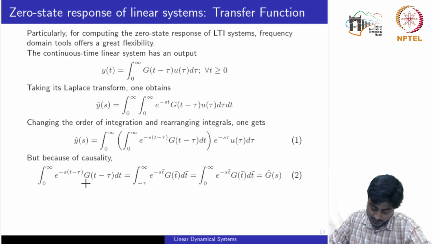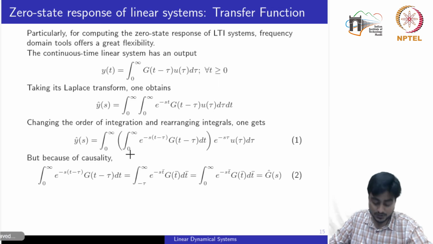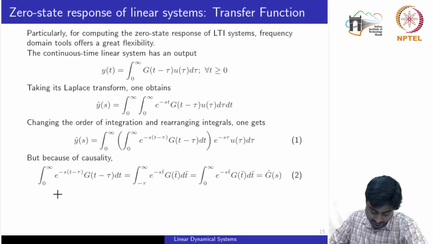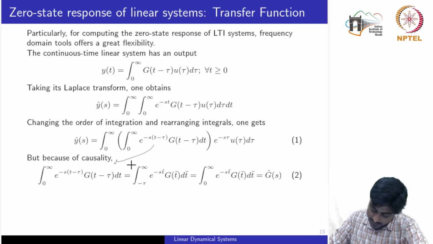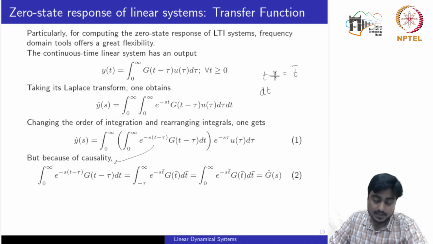But before the Laplace transform, we need to see how the causality property plays its role to finally say that it is the Laplace transform. Because of the causality, we have the same integral here. Now if in this equation we replace t minus tau by another variable t bar, then taking the derivative, since tau is not a function of capital T, it would be 0, and here we would have dt bar.